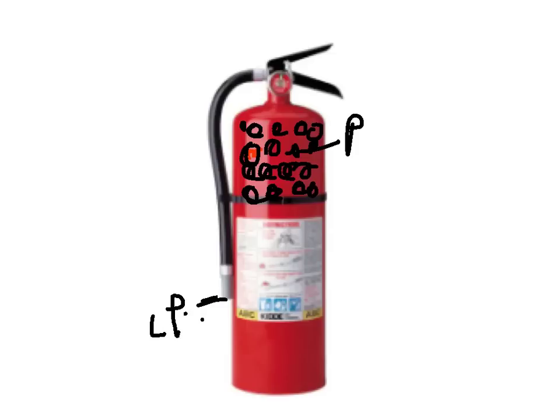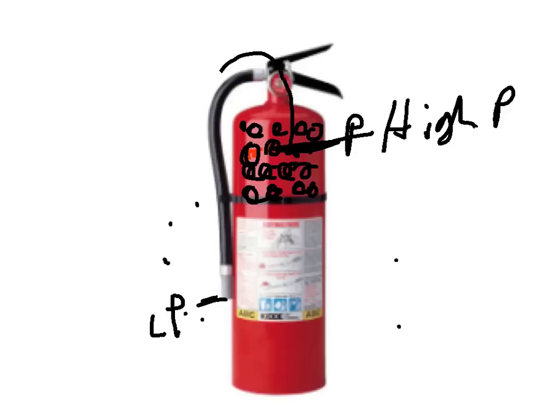So in the container here, you would have a very high pressure, and outside the container, out here, would be a very low pressure. So naturally, what would happen is the gases would move through here and out. But the problem is, we don't really want the gases that are creating the pressure, we want the chemical to put the fire out.